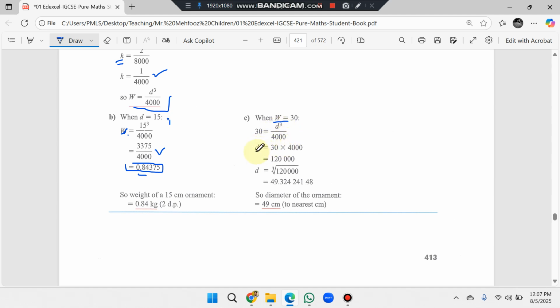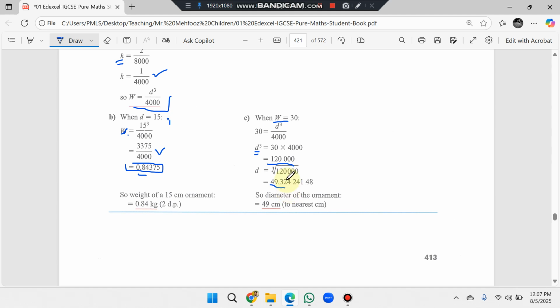So when we eliminate the denominator, d cubed is 30 multiplied by 4000. So your answer will be 120,000. After that, we take the cube root on both sides, then your answer for the diameter is 49.324241482.